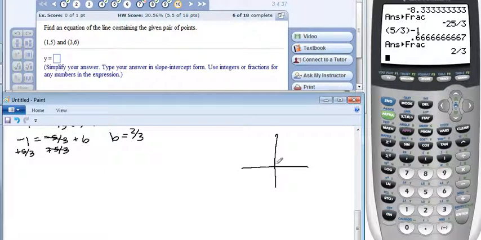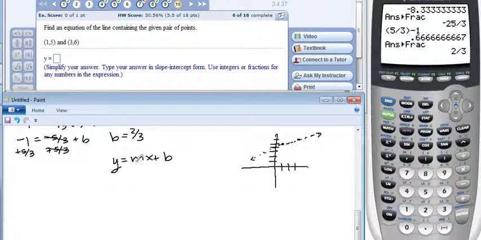We've got 1, 5. Let's just see what we got going on here. There's 1, and then 3, 6. So we've got some sort of a line coming in like this. So I would expect it to be a positive slope. I don't know where it crosses here, so let's find out.